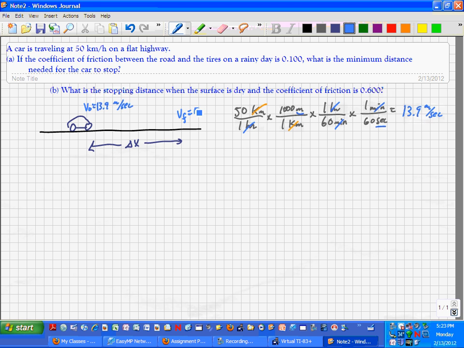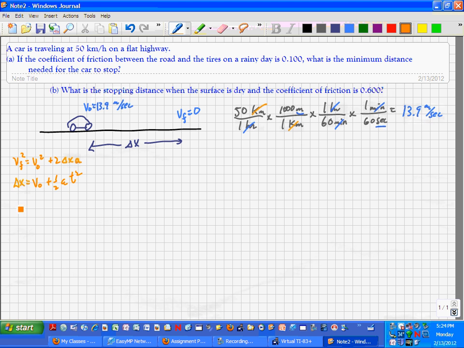This looks like a kinematic equation type problem. I've got a change in position, I've got a V final, I've got a V initial. I've got several choices as far as my equations go. We've got stuff like V final squared is equal to V initial squared plus 2 change in position A. I've got change in position is equal to V initial t plus 1/2 A t squared.